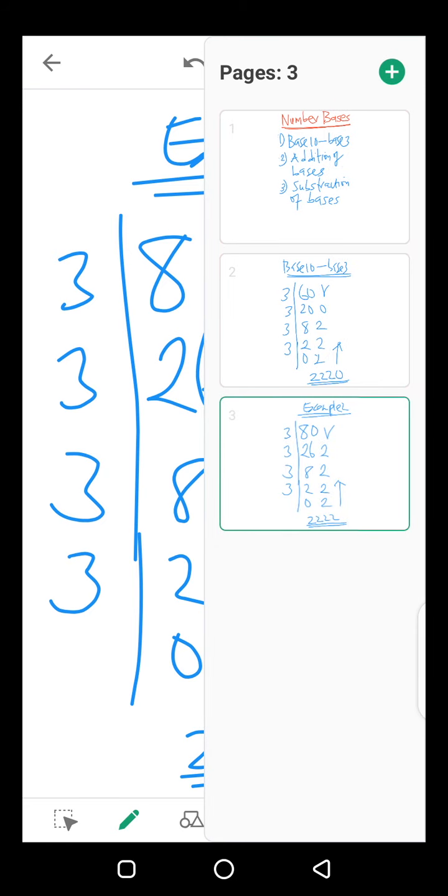Okay, so if you want to convert back from base 3 back to base 10, how do we do it? The same way we convert base 2 back to base 10, by multiplying by the base.